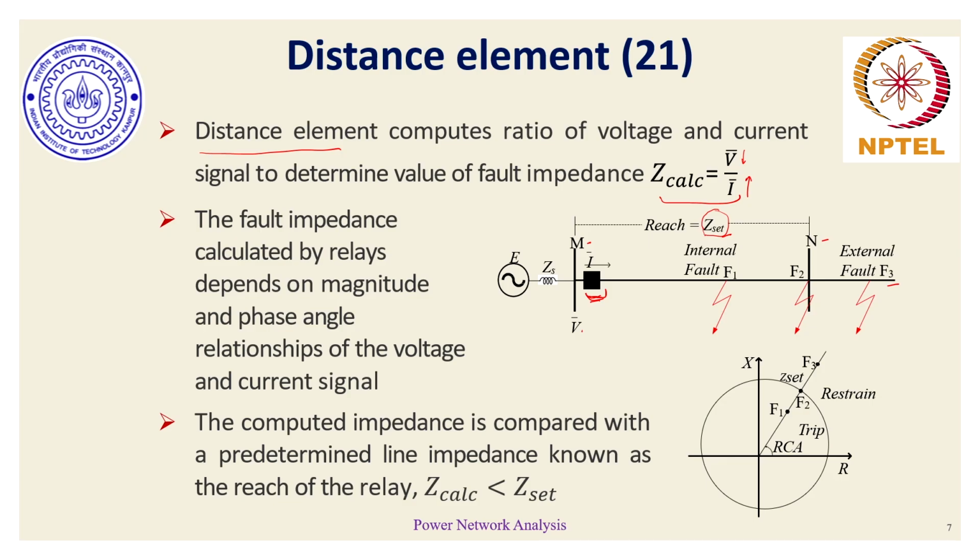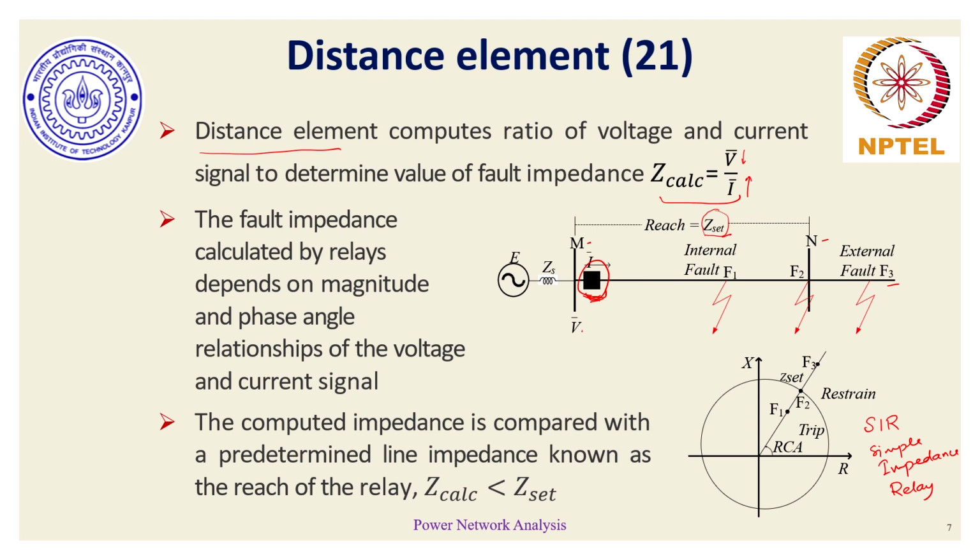Now the typical locus of the simple impedance relay, which we call SIR for short. If we plot the locus of operation of the simple impedance relay, which is what is shown by this black box, then Z set is the typical positive sequence impedance of the line, which it should monitor.